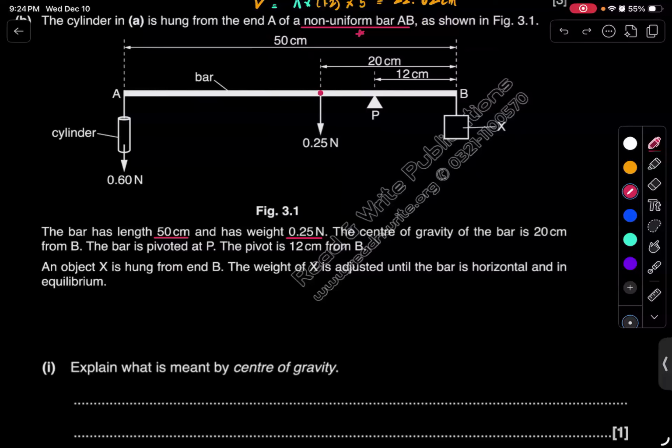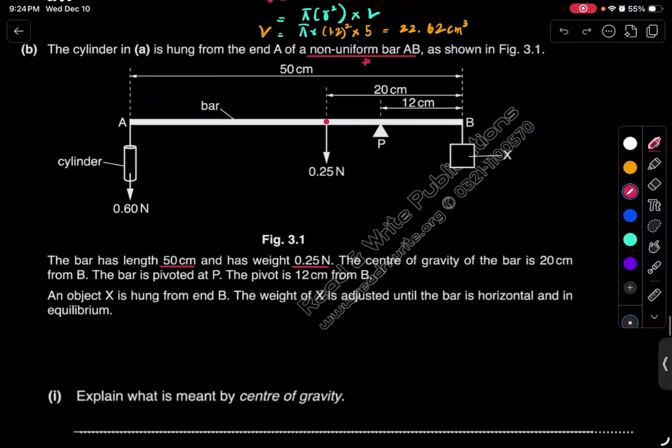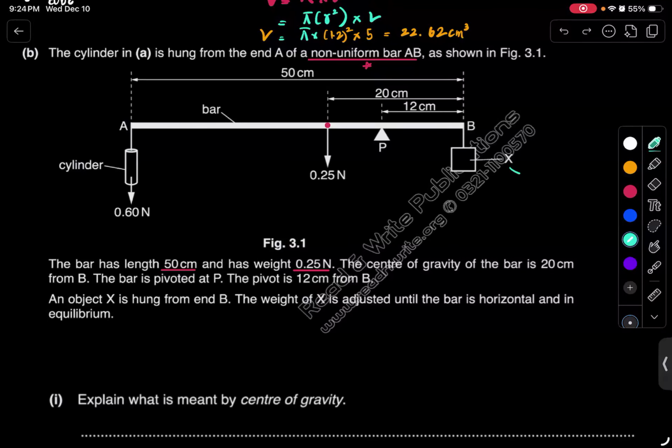The weight of X is adjusted until the bar is horizontal. Basically, X has a variable weight, and they keep changing it until the entire system is balanced. What forces are acting?